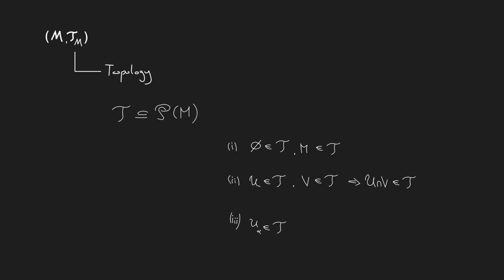And lastly, infinite, arbitrary unions: the resulting set also has to be part of the topology. Whenever you have a collection of elements T which behave in this way, with these three properties, it's called a topology. If you consider the set M and the set T together, it's called a topological space. And topology is used to study continuity using open sets without using a metric.